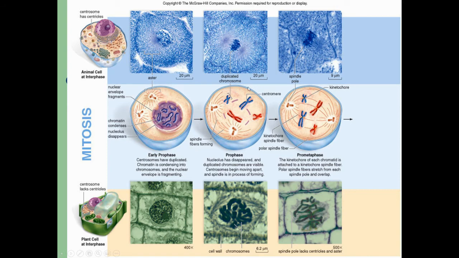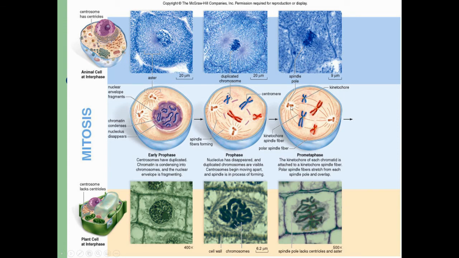In the middle of prophase, my chromosomes are very visible now, and we can see there is no nuclear envelope around that, but we see these fibers, these spindles, reaching out and starting to find those sister chromatids. So we're still moving to opposite poles, but we are now going to start latching on to the chromosomes.